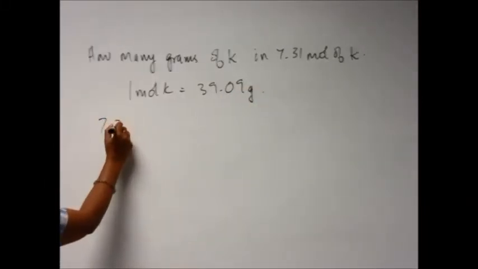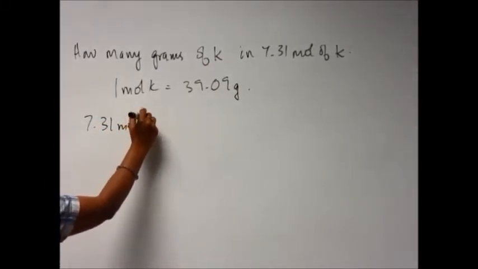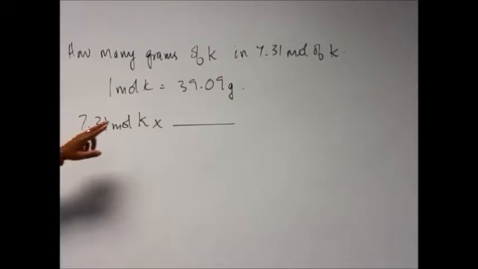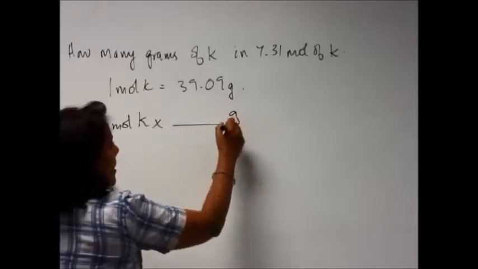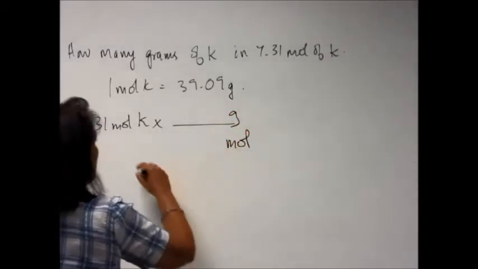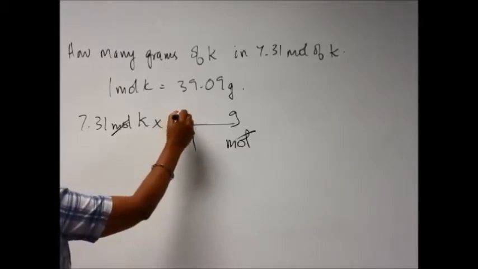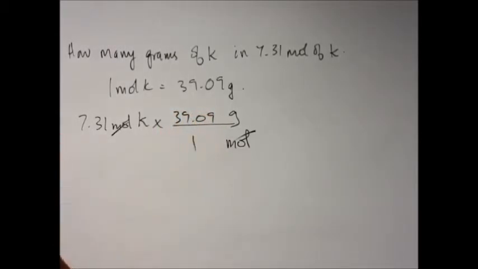So 7.31 moles potassium times, what do I put on the top? 1 mole over 39.09. What goes on the top? Grams. And the bottom is for moles, so I can cross that out. In 1 mole I have 39.09 grams.